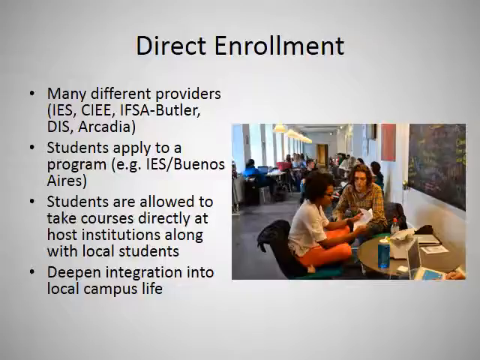And once they apply to that, they will be offered the opportunity to directly enroll in classes at the institutions with which that program is affiliated. So students would take courses, say in psychology or environmental studies, in economics, business, and the like, alongside other students from that particular institution. This allows them to have an immersive experience in campus life in that culture and to learn directly from students with the contact that they would have in the classroom.